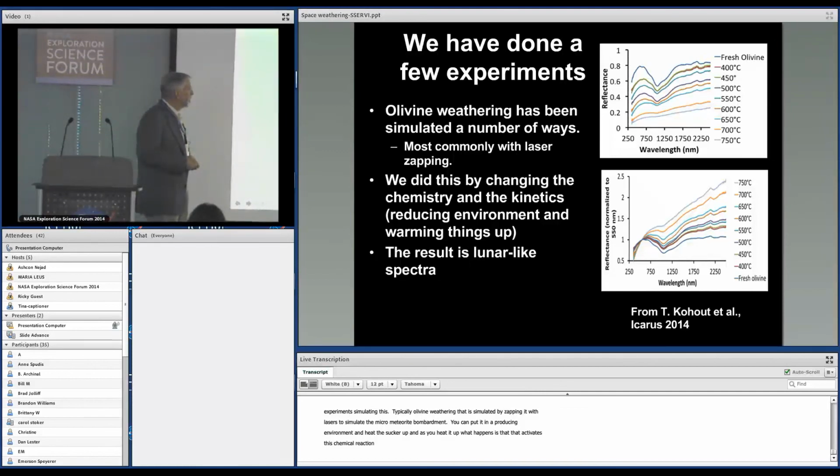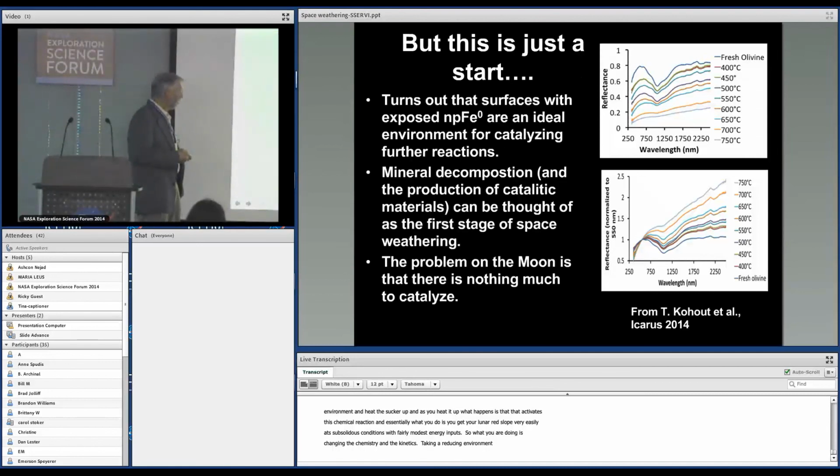And essentially you get your lunar red slope very easily at subsolidus conditions with fairly modest energy inputs. So what you're doing is changing the chemistry and the kinetics, basically taking a reducing environment, adding a little bit of energy, and what you get is a quite lunar-like spectrum.